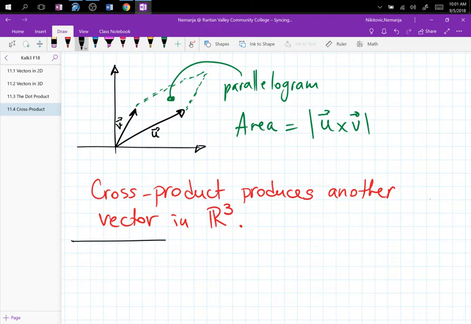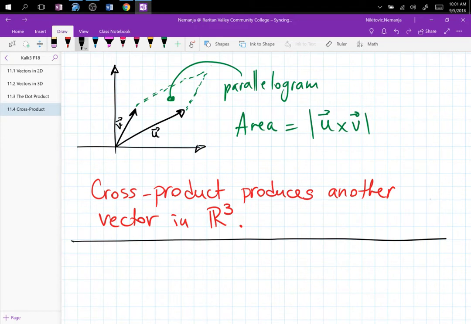So the magnitude of that vector would be the area of the parallelogram that you get.